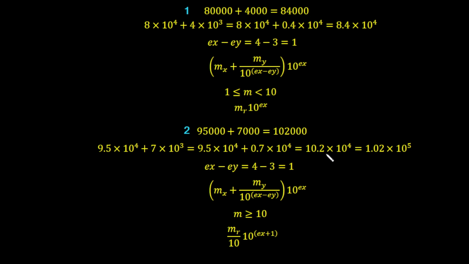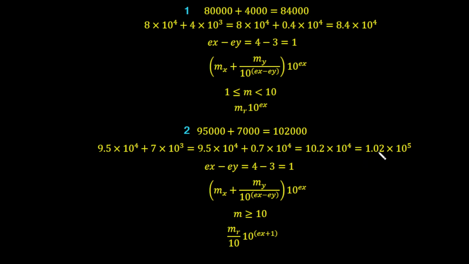So we get this result here. But now when you look at this result, it isn't a normalised result because the decimal point is here. We need to move the decimal point to this point here. So we're going to have to shift the values here.